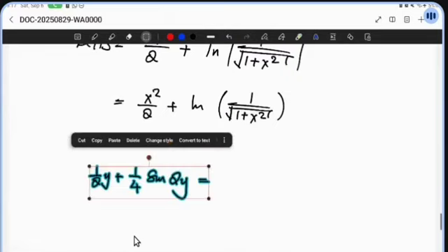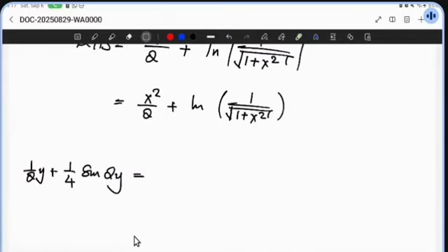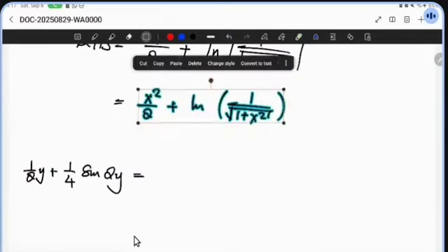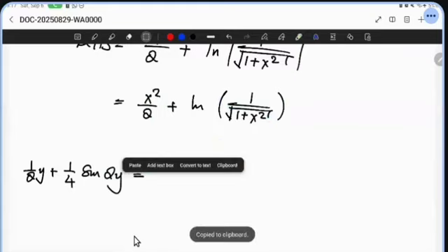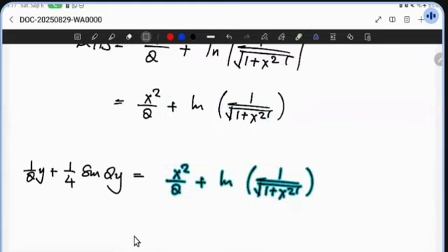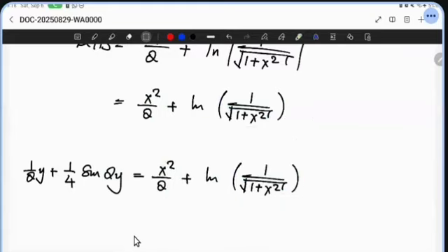So combining them, this is the left-hand side, this is the right-hand side. This is the overall solution.